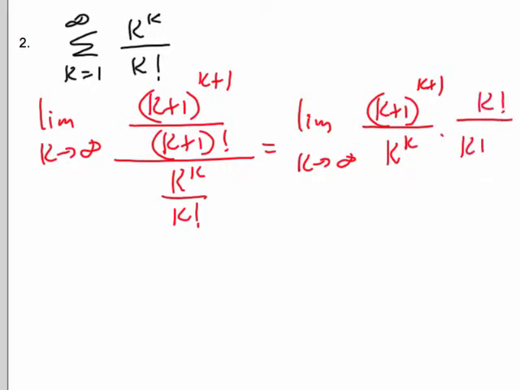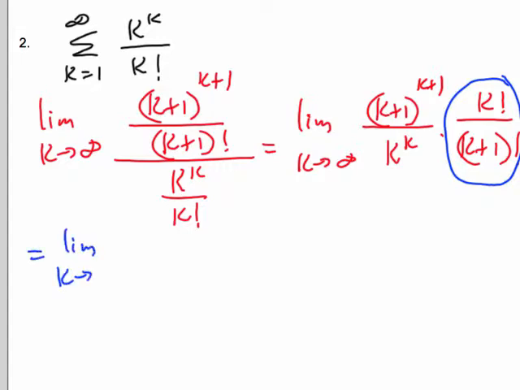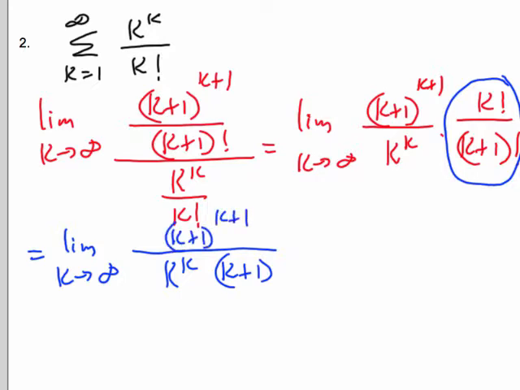Just going to organize it this way. Those are equivalent. And I can cancel here k factorial, numerator and denominator. And then here I can subtract exponents.